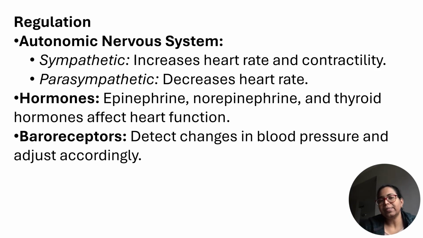The autonomic nervous system consists of the sympathetic and parasympathetic systems. If the sympathetic system activates, heart rate and contractility increase. And if the parasympathetic system activates, it decreases the heart rate.